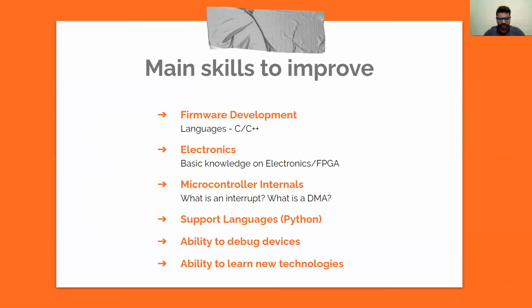The main skills that you need to improve if you're willing to work in the embedded systems industry: one is firmware development. Yes, we are all electrical and electronics engineers, but when it comes to a device, after you design the circuit, the brain of the design is in the software. So we need to write the firmware, otherwise you will just have a dead device.